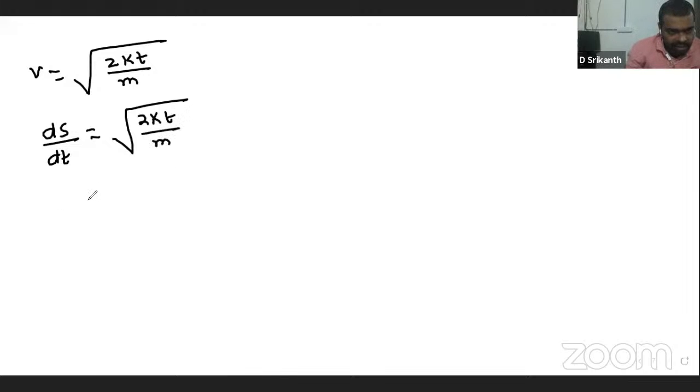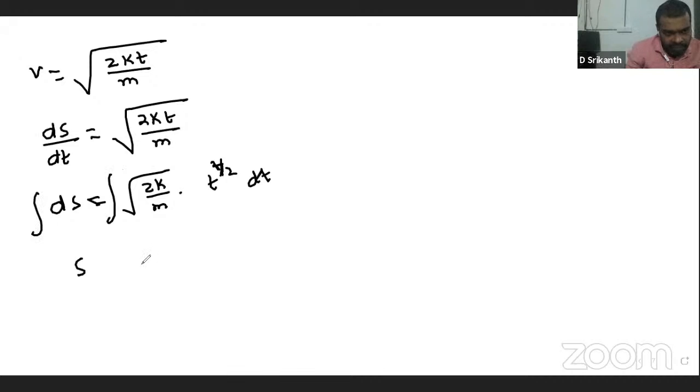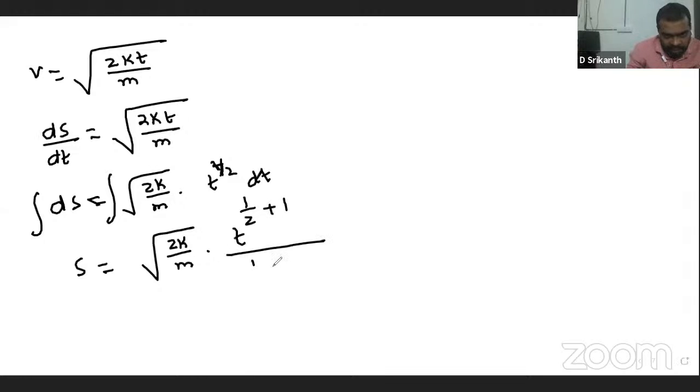So ds is equal to under root 2k by m, which is a constant, root t I write as t power half, dt. To find the total displacement we integrate. S is equal to under root 2k by m times t power half plus 1 divided by half plus 1.